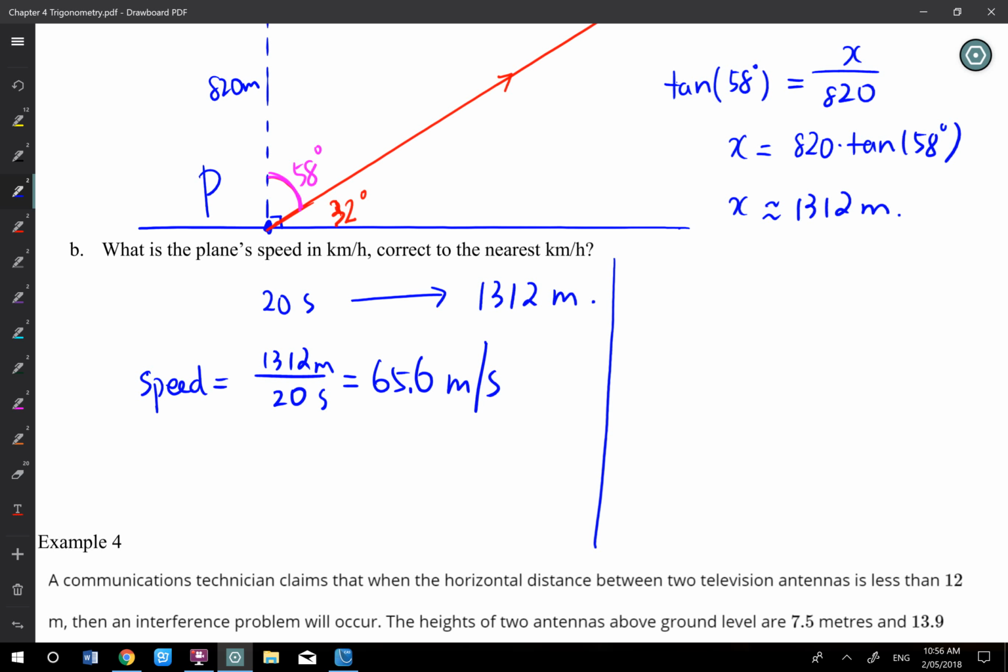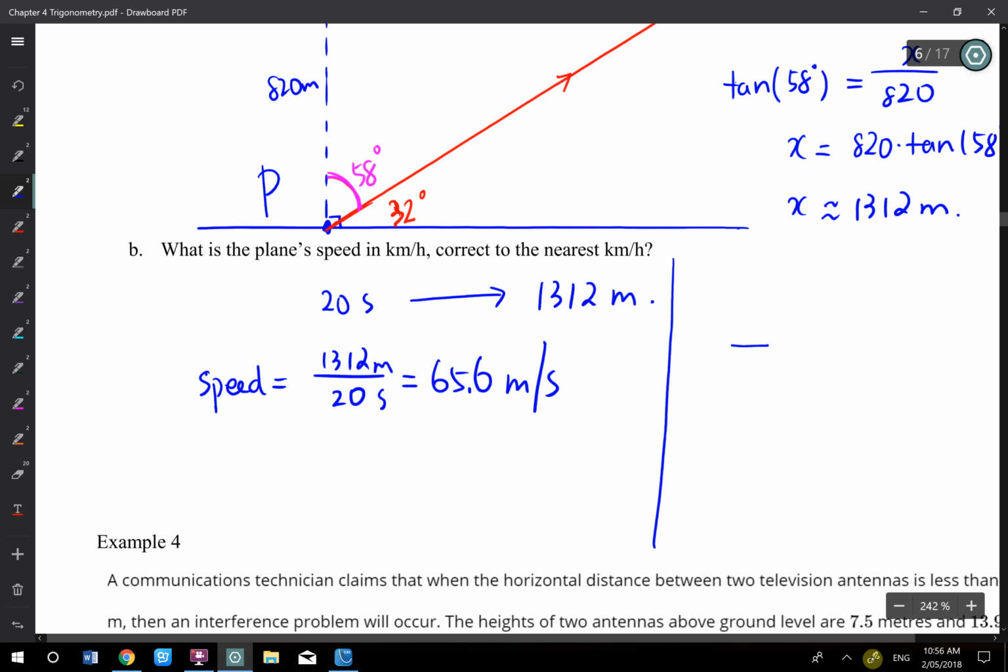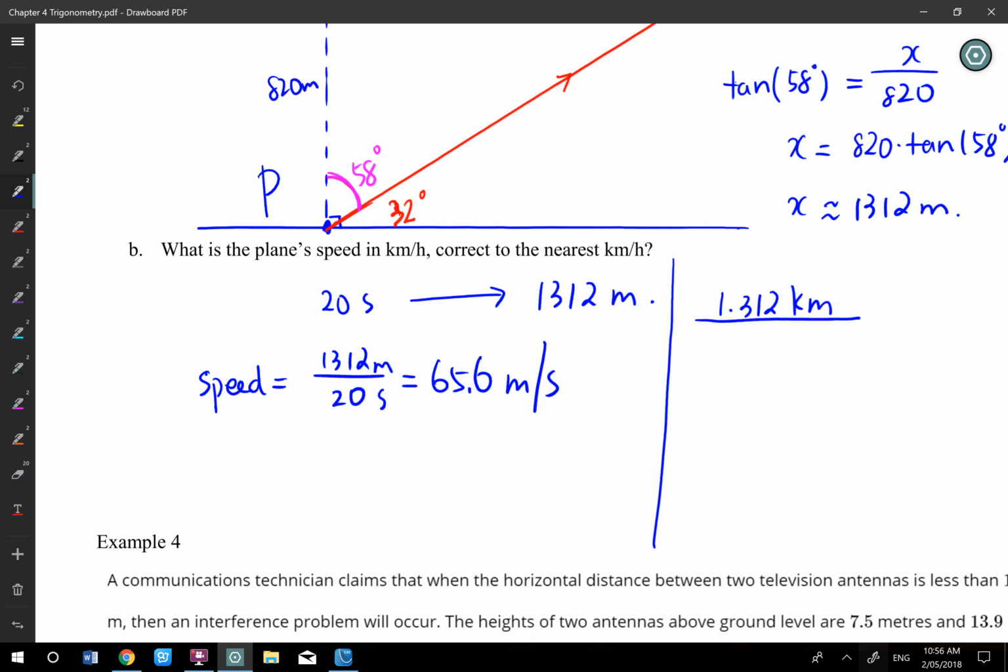Okay, so 1,312 meters equals to how many kilometers? Yeah, 1.312 kilometers. Okay, how can 20 seconds become how many hours?